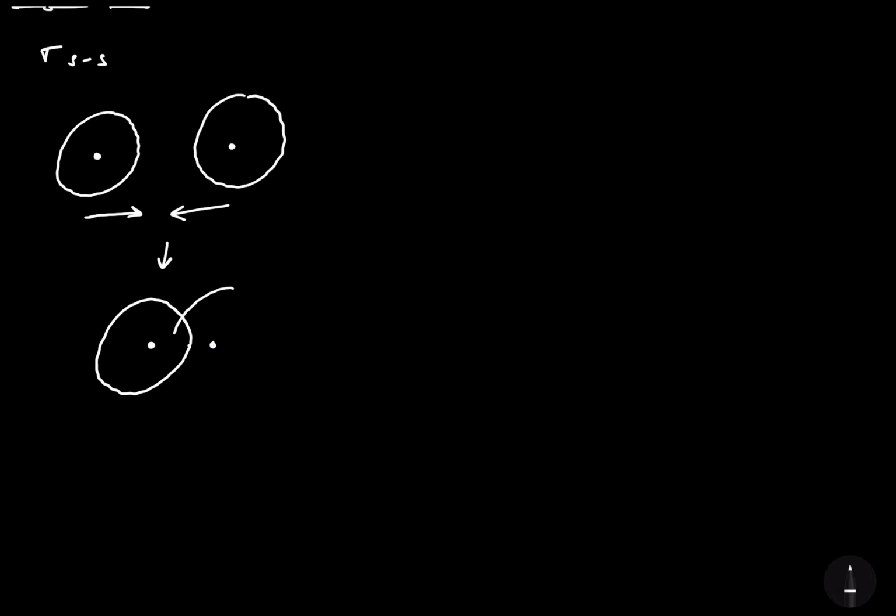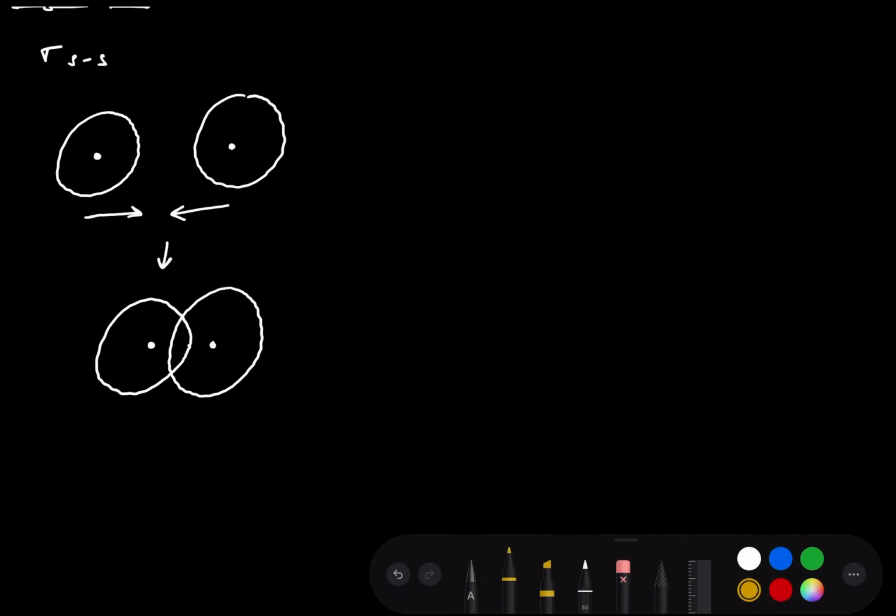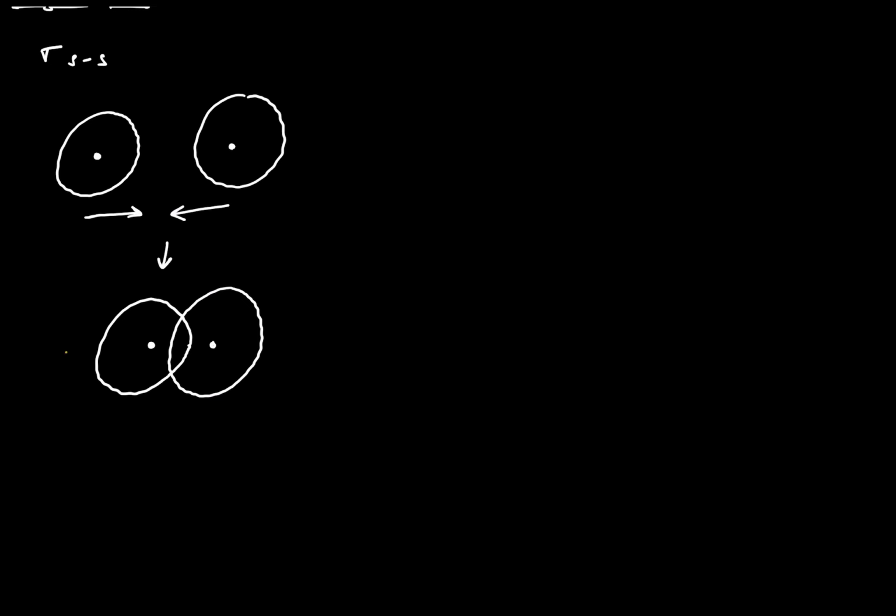This is the s orbital of the second atom. Now let me draw the internuclear axis, the axis which is passing through both the nucleus. So this is the internuclear axis.